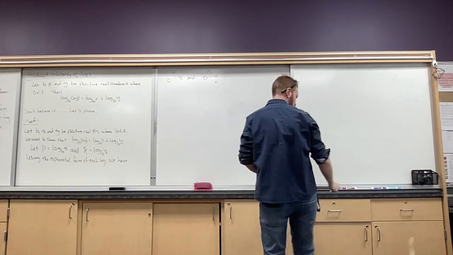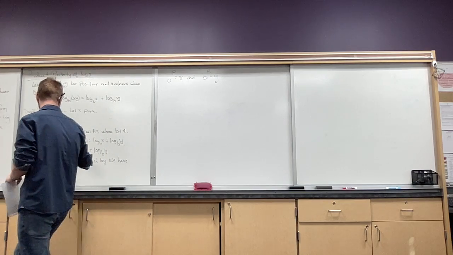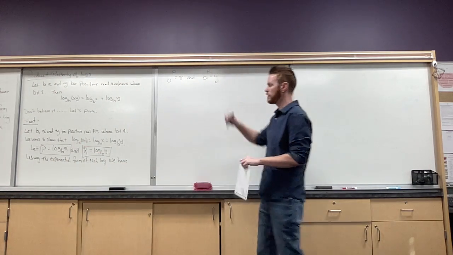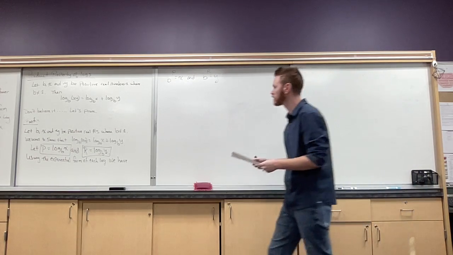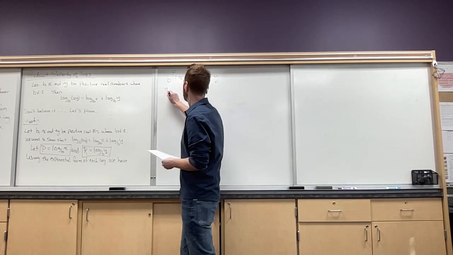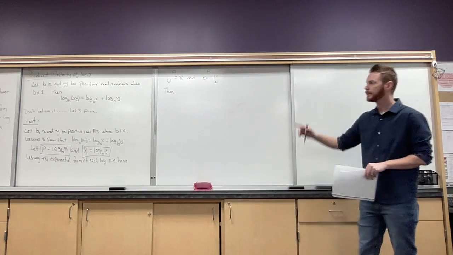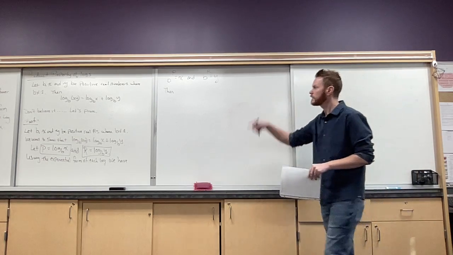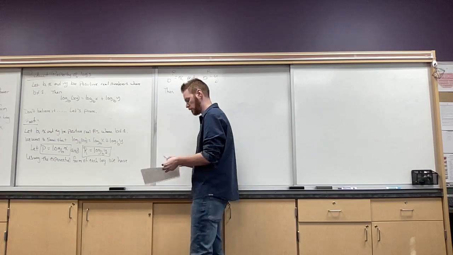So let me just use another color. Right here, I rewrote those in their exponential forms. Now look at the property. You see on the left-hand side, they show me multiplying those together. So let's multiply these guys together.